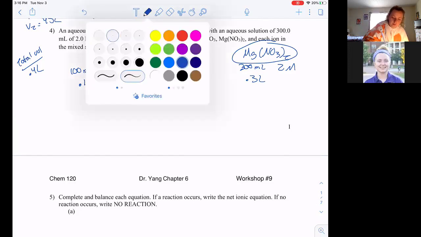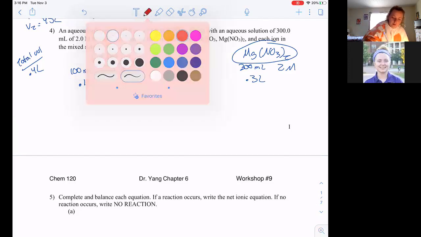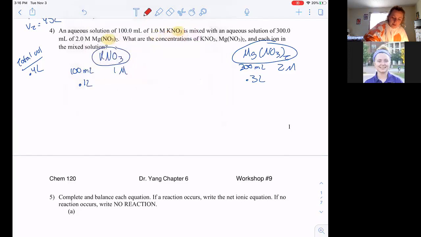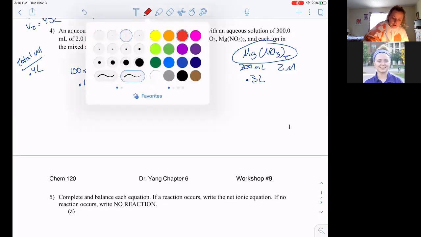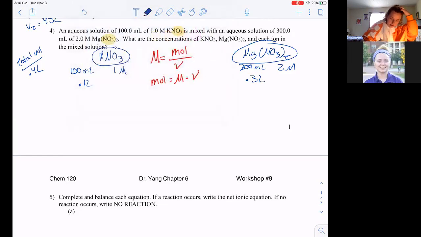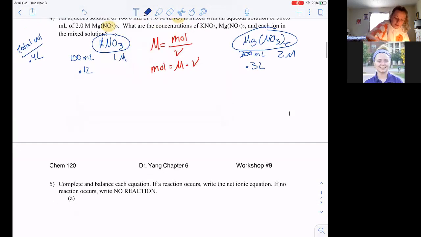So I'll do it in red and I'll make it a little bit bigger. Molarity is equal to moles over volume. So moles is going to be molarity times volume. So if we do that, we have 0.1 liters times 1 molarity.